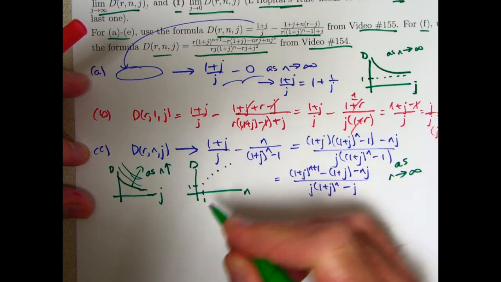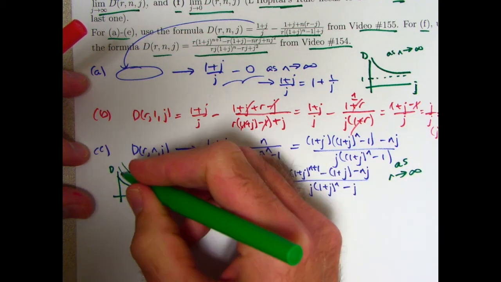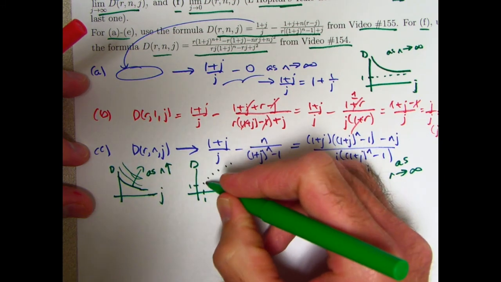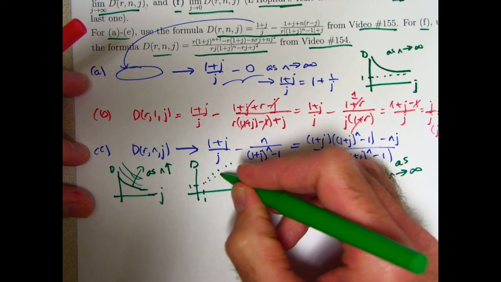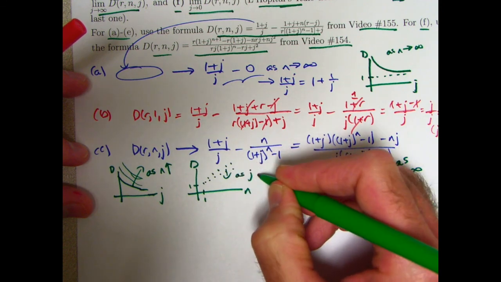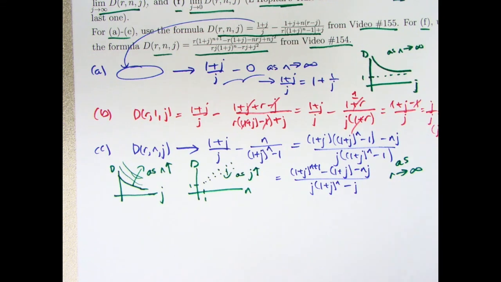And what happens, that's for a fixed j, what happens as j increases, as the yield rate increases? Just like this graph goes down, these points should go down as well. So you get a graph that is lower as j increases. Okay? And even though the precise values can't be predicted without this formula, these graphs, in a general sense, you should have been able to predict the behavior of the graphs.